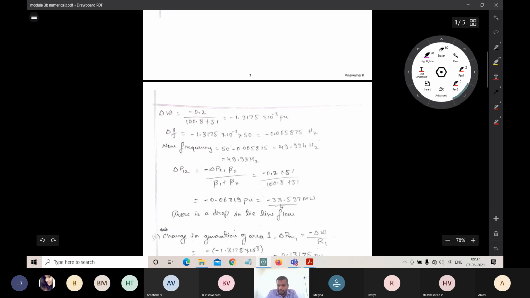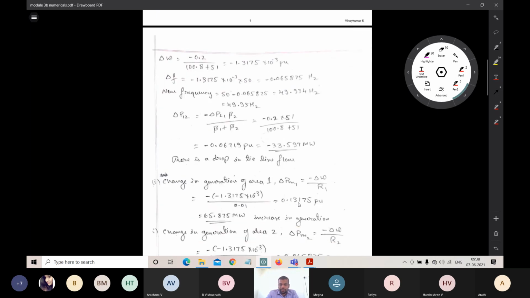This minus 33.597 is nothing but a drop in tie line flow. Because the load increased by 100 megawatt in area 1, of the power that was flowing from area 1 to area 2, 33 megawatt is lost. So this is about area 1.